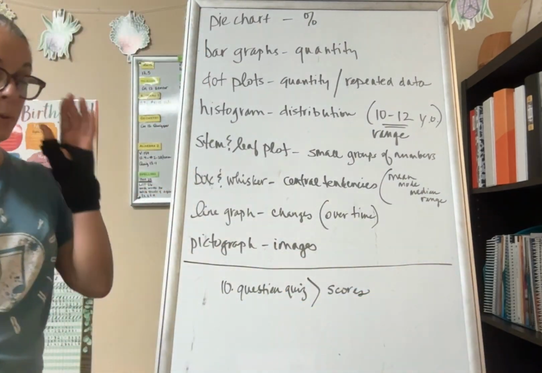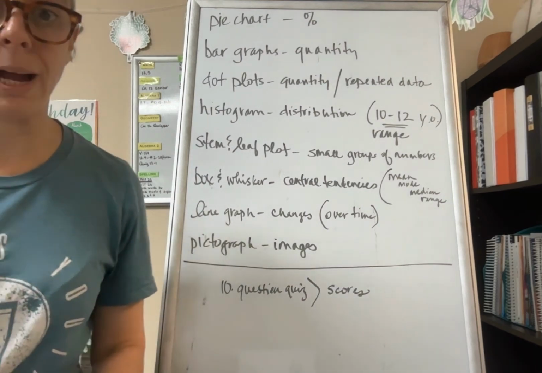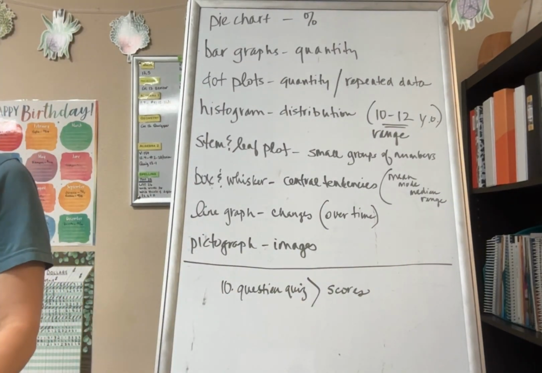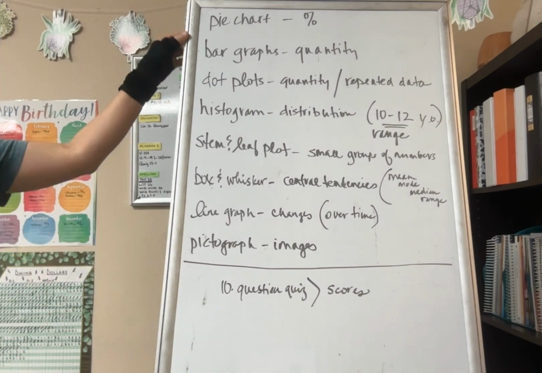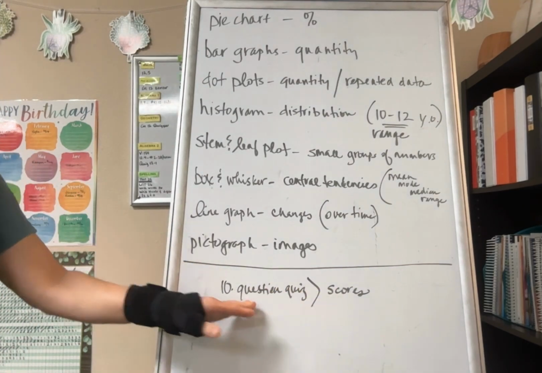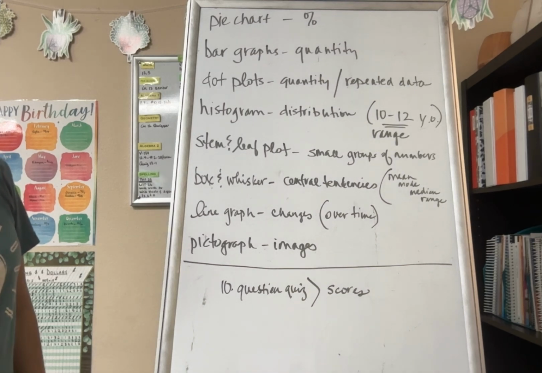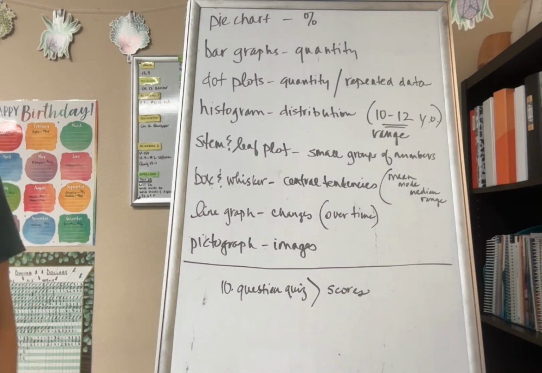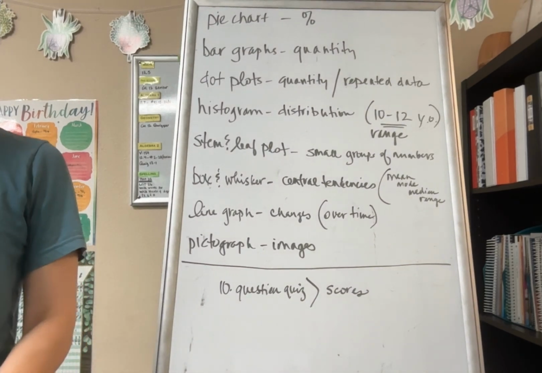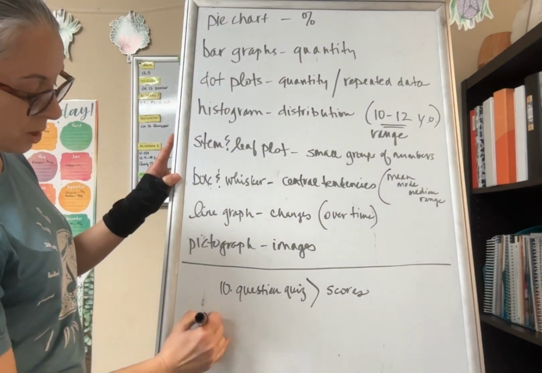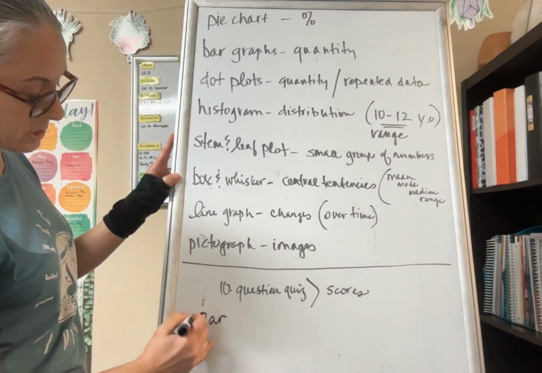What do you think the best way to do that might be? And sometimes there's more than one. What do you think would be good to show scores for a 10-question quiz? Probably not a pie chart, because we need to have percentages. A bar graph would work, yes.